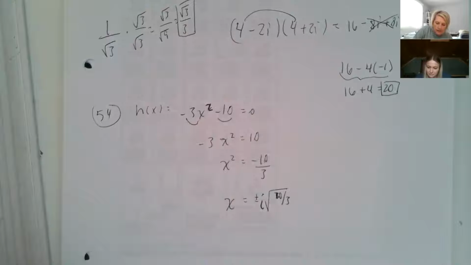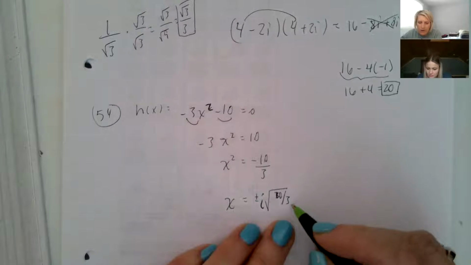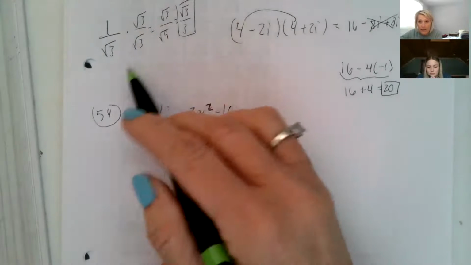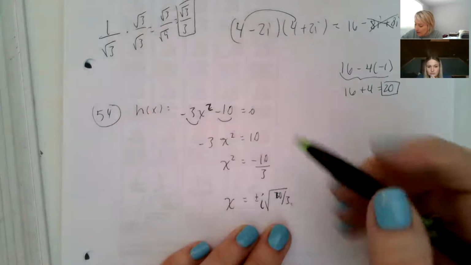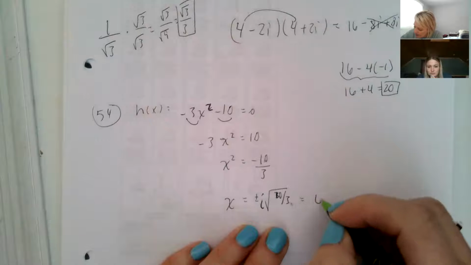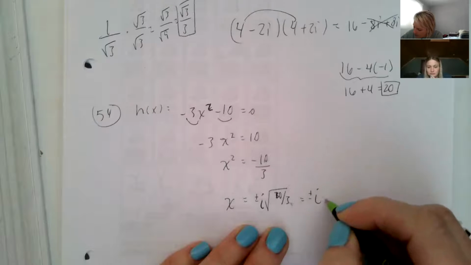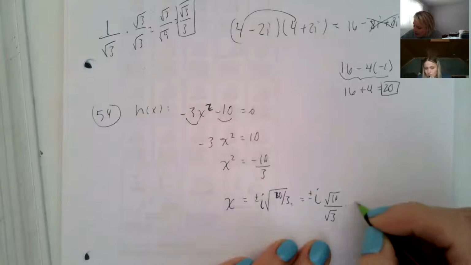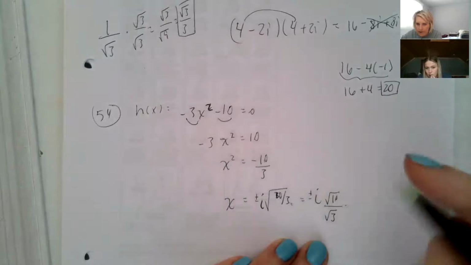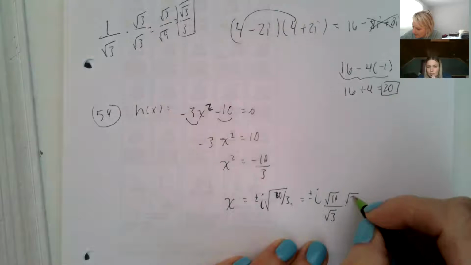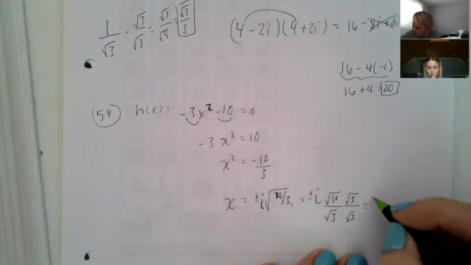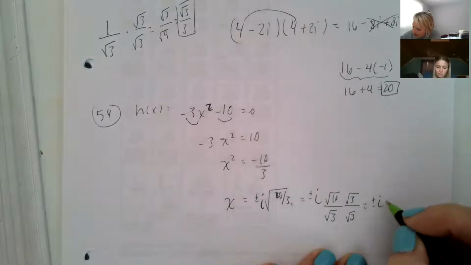You could take it a step further so that you don't have a radical in the denominator. So actually with the example that I did up here with the square root of 3, we could take this plus or minus i, the square root of 10 over the square root of 3, and multiply to get the square root of 3 out of the denominator. So if we multiply by square root of 3 over square root of 3, we'll have plus or minus i.